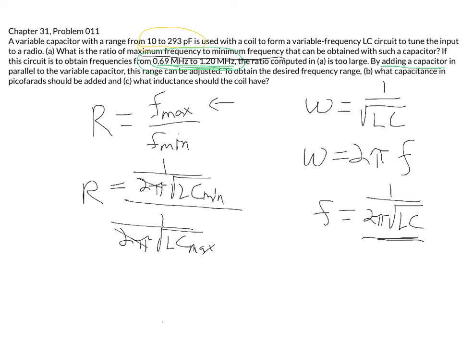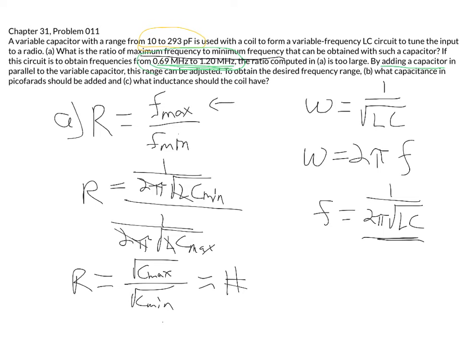We can get rid of the 2 pi's, the L's will cancel, and since you have 1 over square root of C max on the bottom and 1 over square root of C min on top, this reduces much more simply: the ratio is just equal to the square root of the maximum capacitance over the square root of the minimum capacitance. So that's nice and easy. For part A, you just do this calculation and you get some number. Cool, easy enough. So that's part A.